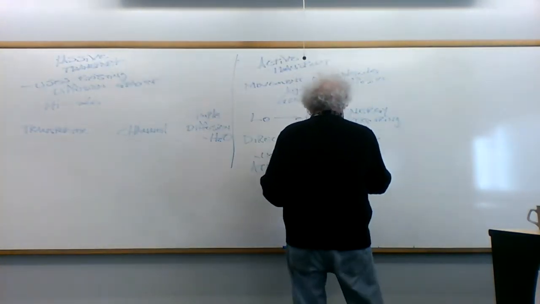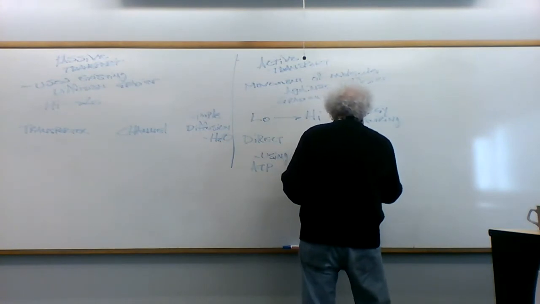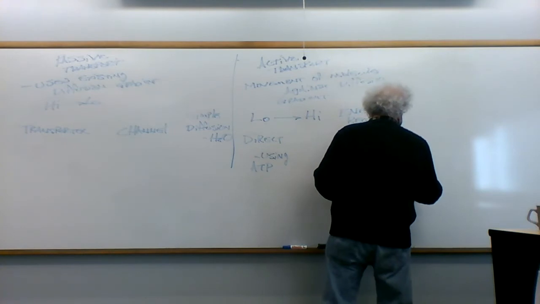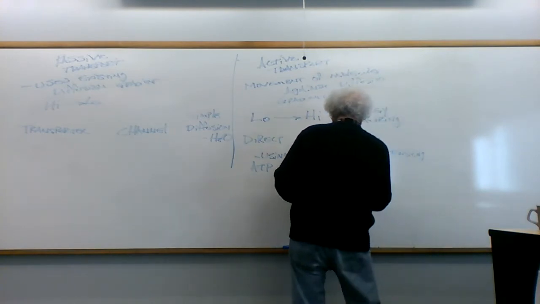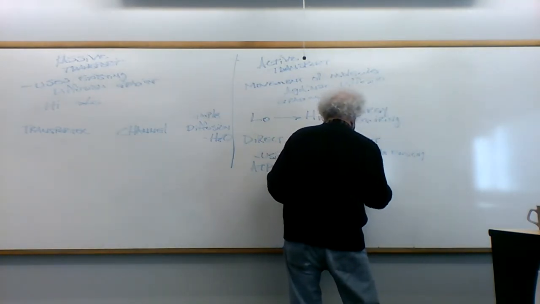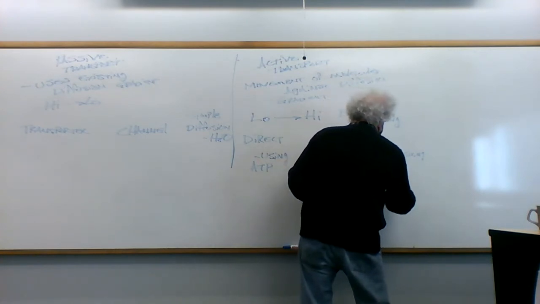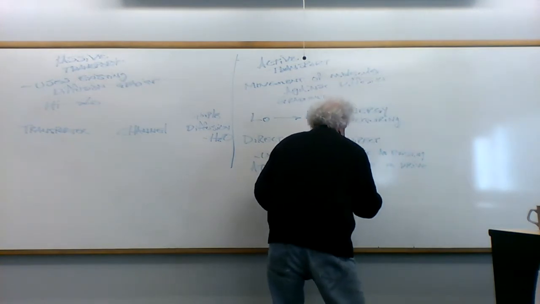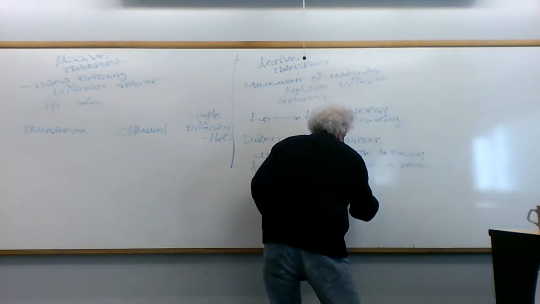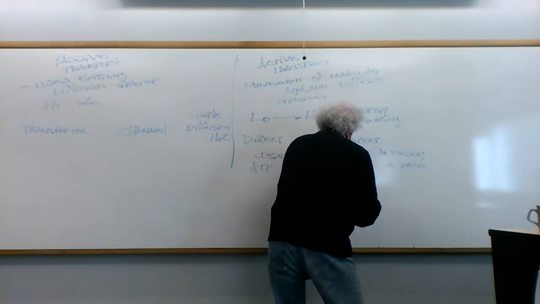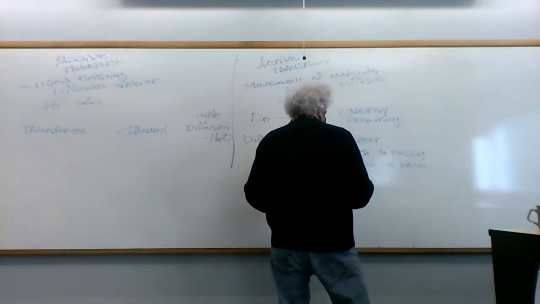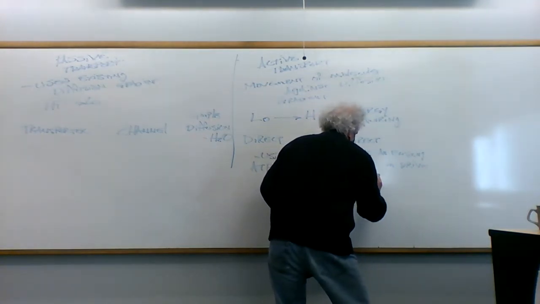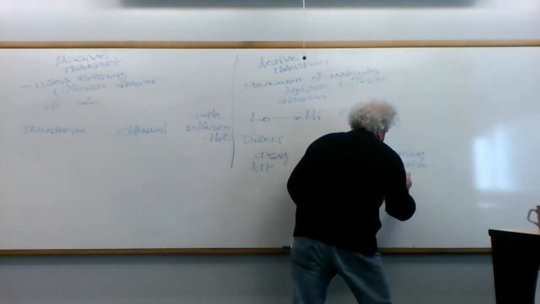So with indirect, we're going to use an existing gradient to drive the active uptake. To drive movement against the gradient.